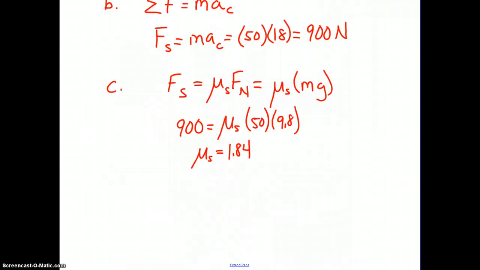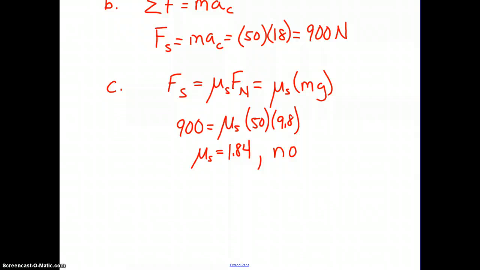Is this reasonable? Well, a static coefficient, while it's possible to have one that's greater than 1, it is very unlikely that sneakers, her body, clothes, whatever the case may be, and the surface of the merry-go-round would be able to supply that great of a coefficient. So no, our answer is not reasonable.